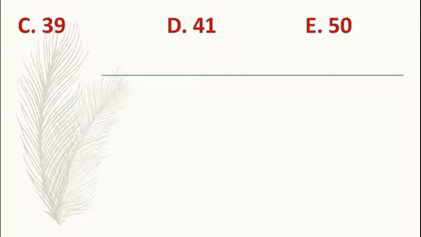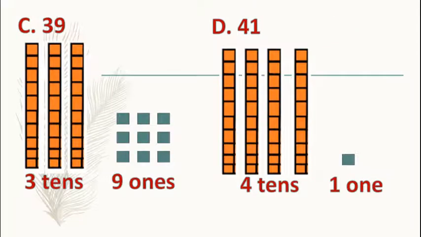I guess everybody is done answering letters C, D, and E in your notebook. Let's check if you got the correct answers. In letter C, we have 39. So there are 3 tens.